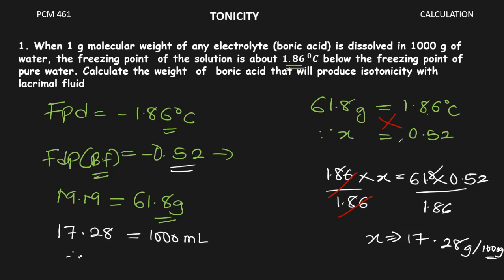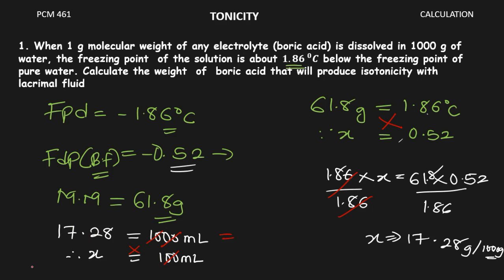Percentage is how many mil? 100 mils. So you say this is equal to what? 100 mil. Is that okay? Now these things can actually cancel out each other. At the end of the day, therefore x is equal to 100 mil. You can cross multiply, but I can decide to cancel the zeros, and divide this 17.28, right?